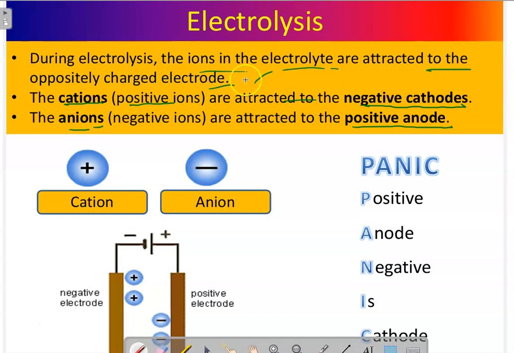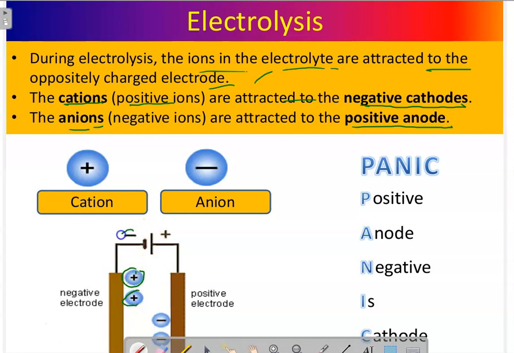The general principle is that the ions in the electrolyte are attracted to the oppositely charged electrode. The positive ion will be attracted to the negative electrode. The negative ion will be attracted to the positive electrode. In this case, the positive ion, which is the cation, will go to what? The negative electrode, the cathode, and the negative ion, which is the anion, will be attracted to what? The positive electrode, which is the anode. If you look at this picture, we have positive ions here.